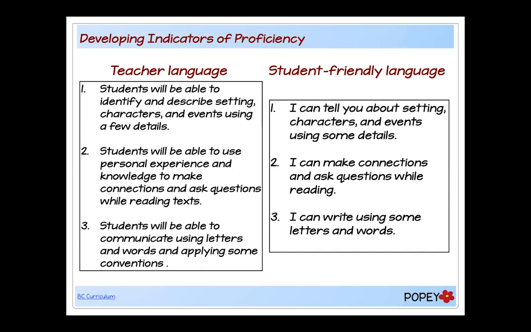So, developing indicators for proficiency, which is directly out of our curriculum, because if we look at our curricular learning standards, that is our indicators of proficiency, because students will be able to identify and describe settings, characters, and events using a few details. So it's right there.